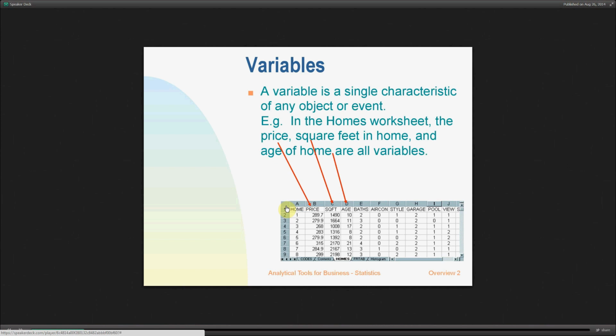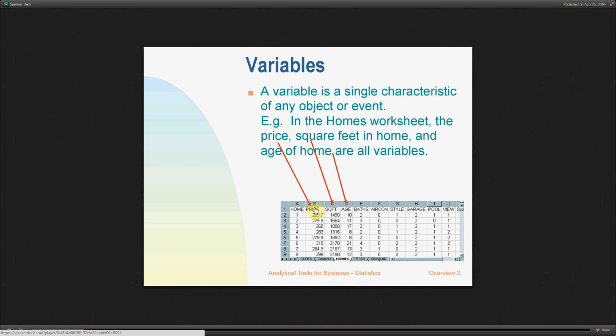So, for example, we might be looking at a spreadsheet of homes, 1, 2, 3, 4, 5, 6, 7, 8 here, and each home will have maybe a price, a square footage, its age, its baths, whether it has an air conditioner, what style it is, garage, pool, view, no pool, etc. So this data about each of these houses is organized as columns labeled at the top with these variable labels.